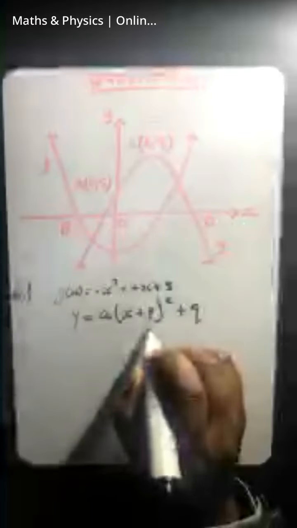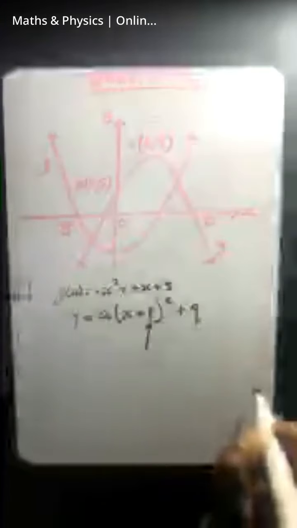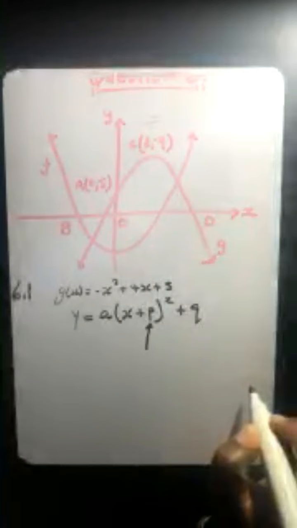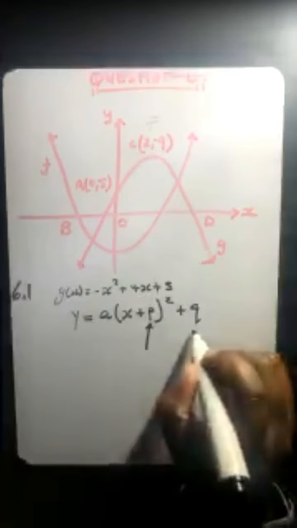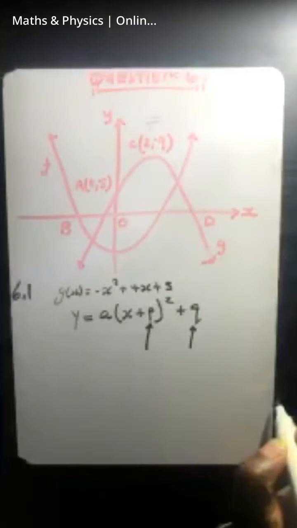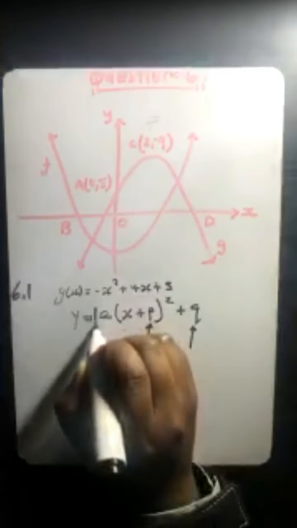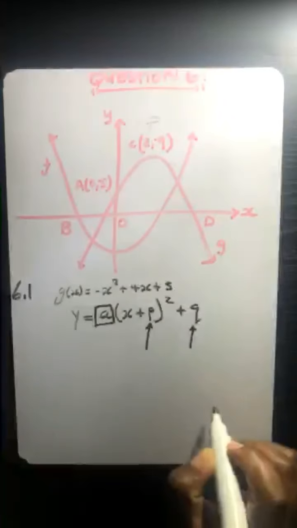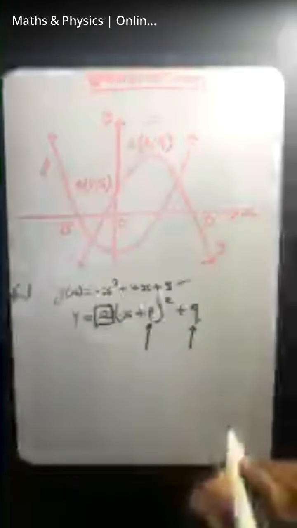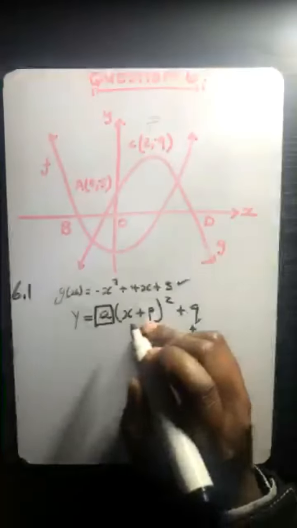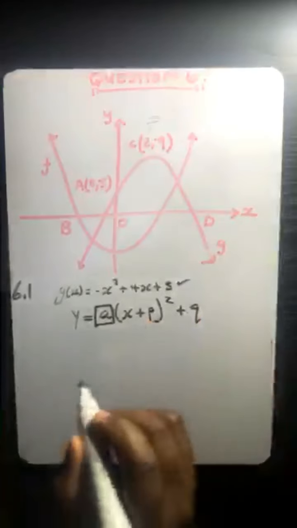Now that we have the turning point, remember P is the X value, and Q is the Y value at the turning point. What you then need is the A value. Once you have the A value, you can break down all of that to rewrite it in that format. Let's see how far we can go with that.